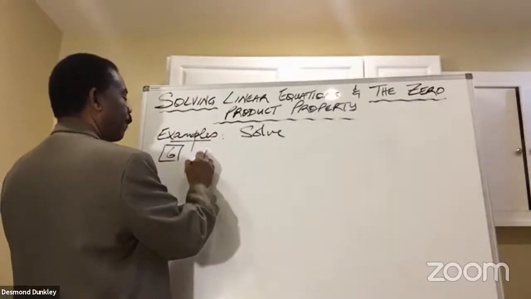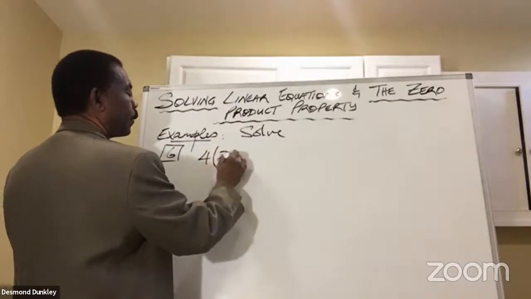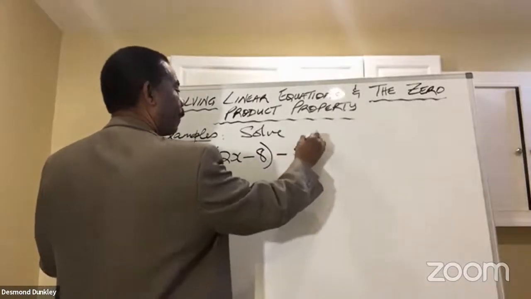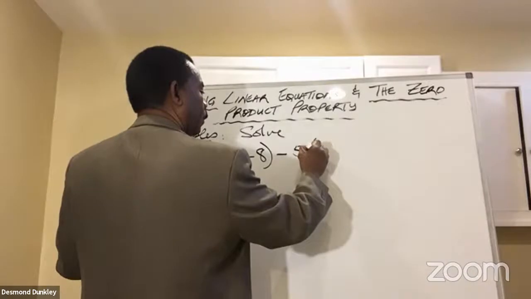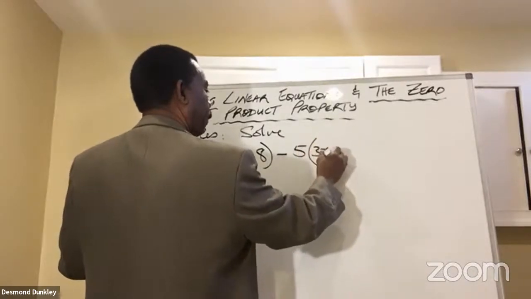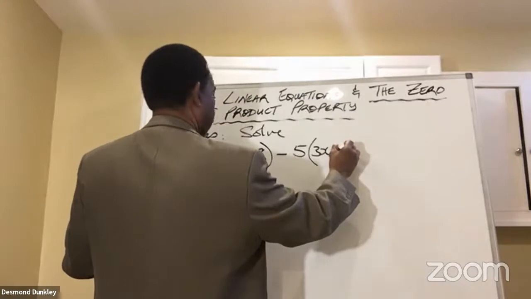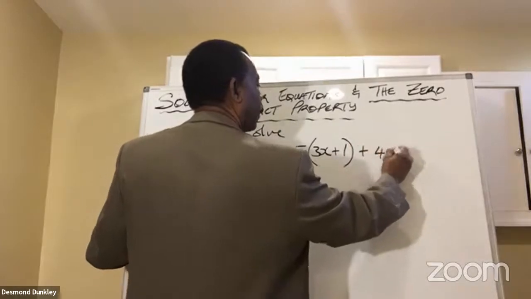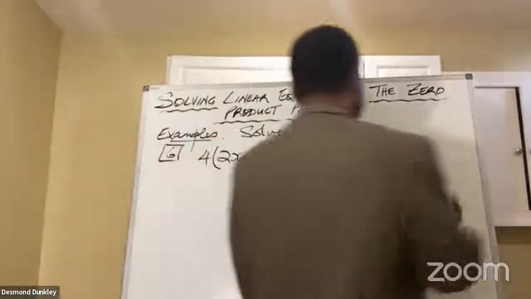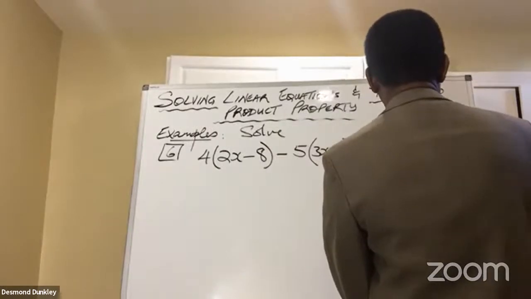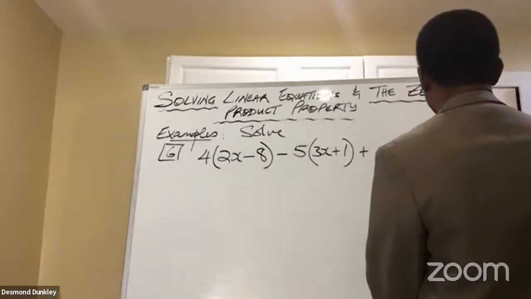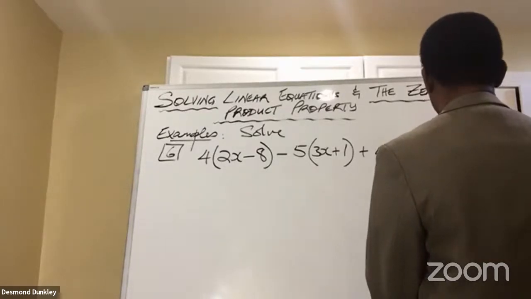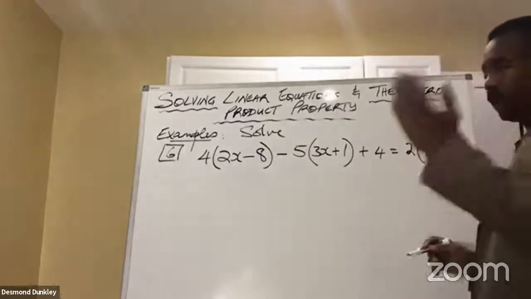So if we have 4 times (2x minus 8) minus 5 times (3x plus 1) plus 4 equal to 2 times (7 minus 6x). I'm just writing something crazy.